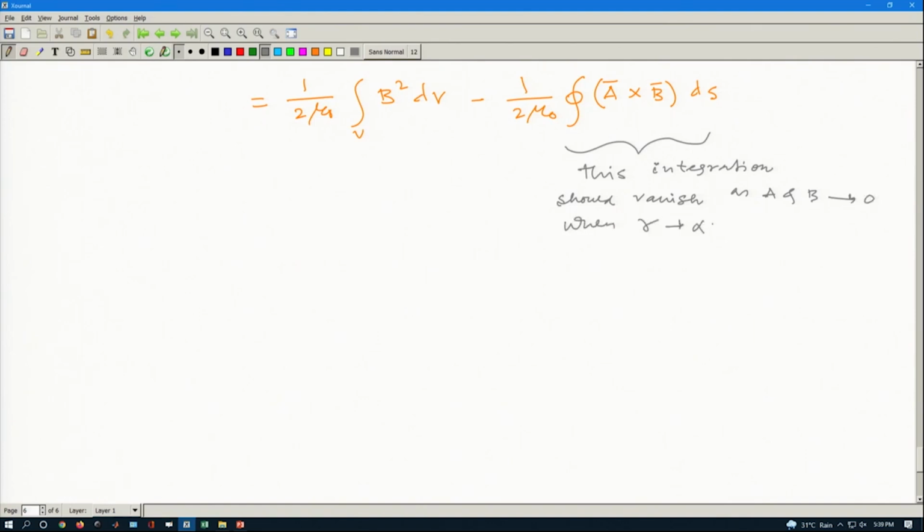For a very large surface, this will vanish.